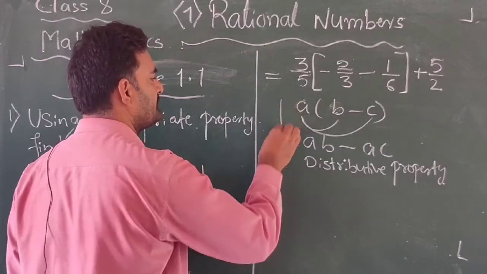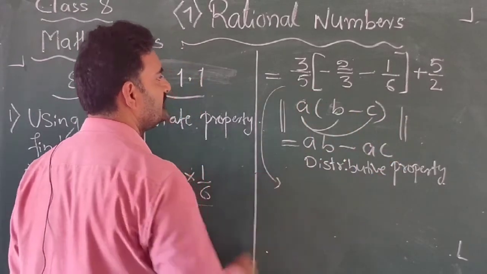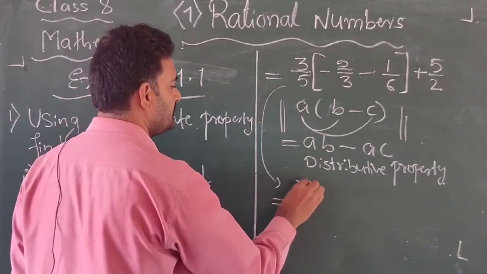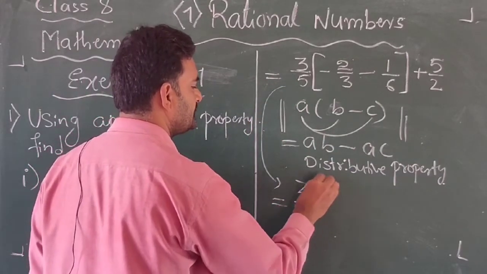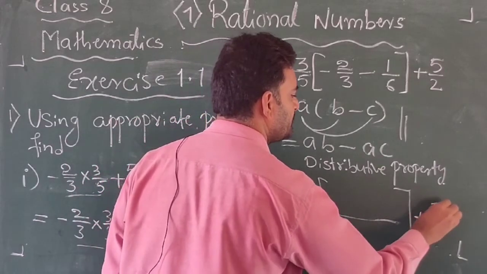So this is for your reference. Now after this, 3 by 5 as it is. Now simplify this one. This plus 5 by 2 as it is.